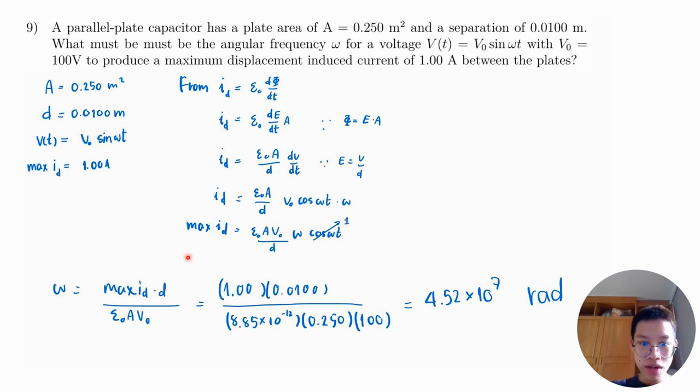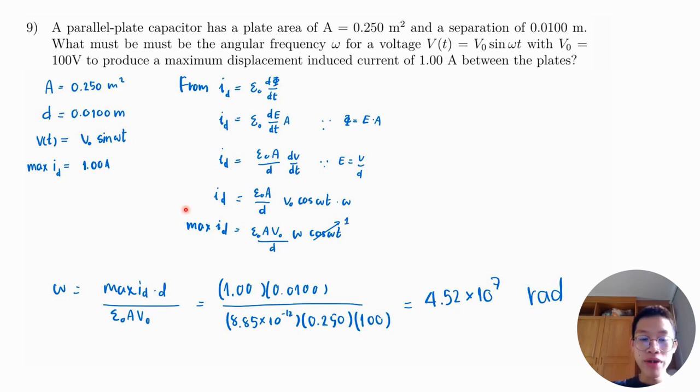Finally, we get a general equation here. But for the maximum induced current, the cosine needs to be at its highest possible value, so it should be 1.